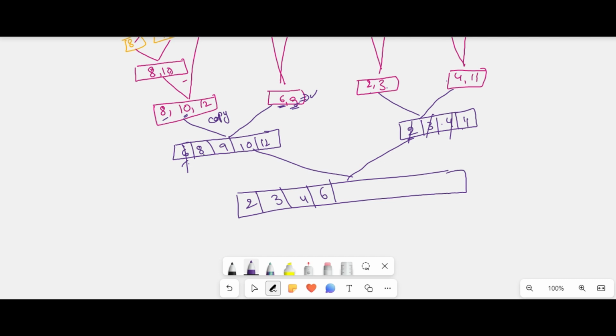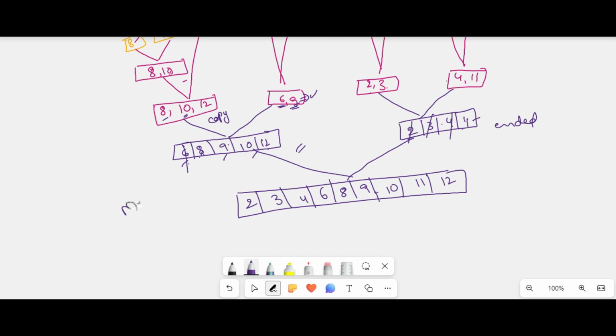Then 8 and 11, 8 is small, so 8. Go to next. 9 and 11 are compared, 9 is less. 10 and 11 are compared, 10 is less. Then 12 and 11 are there, so add 11 here. This array has ended, so whatever leftover elements there are, copy as it is. Only one element is there.